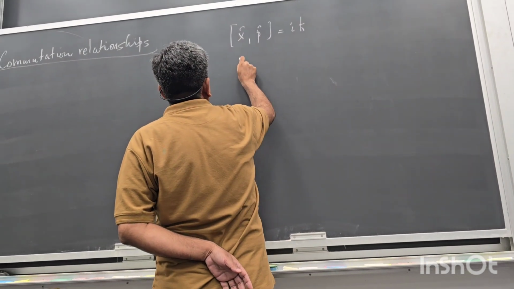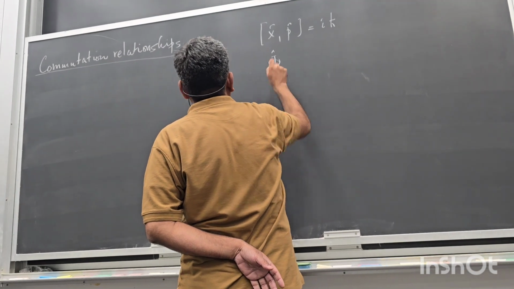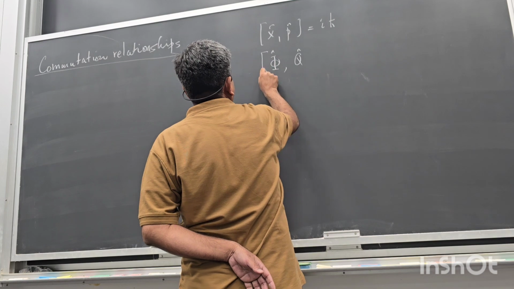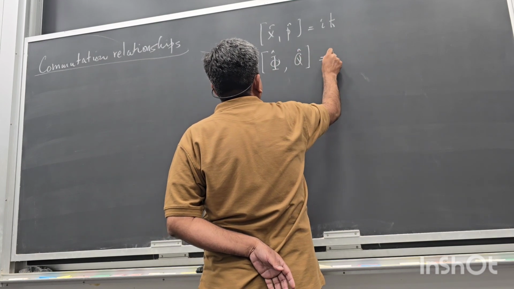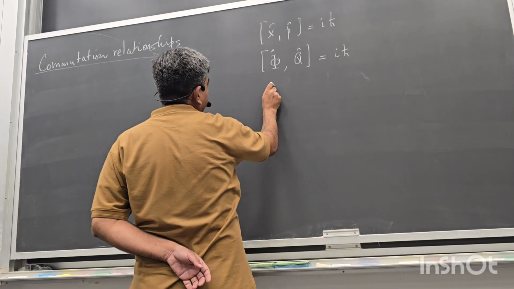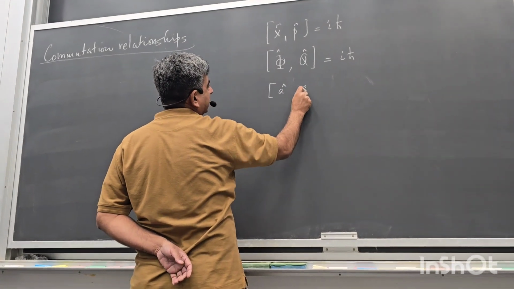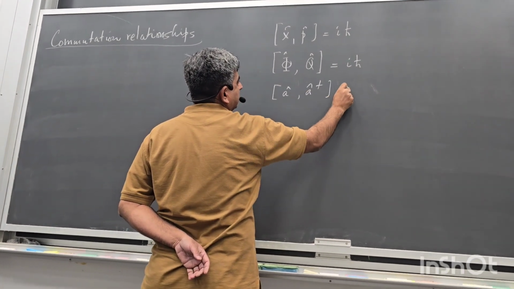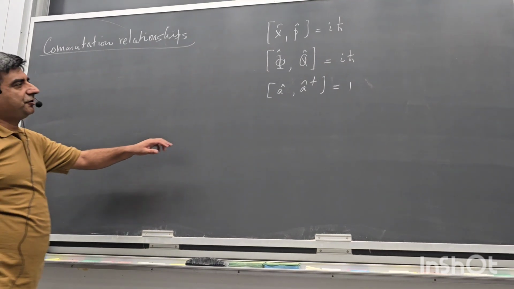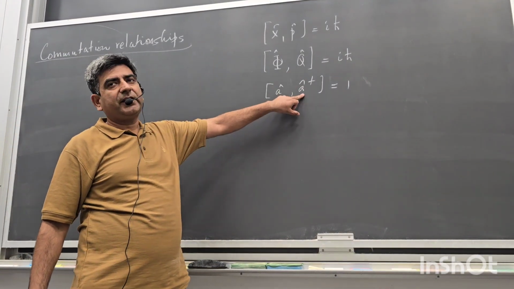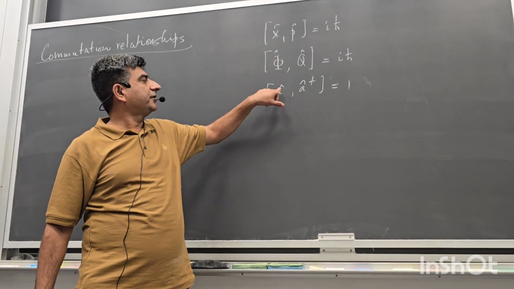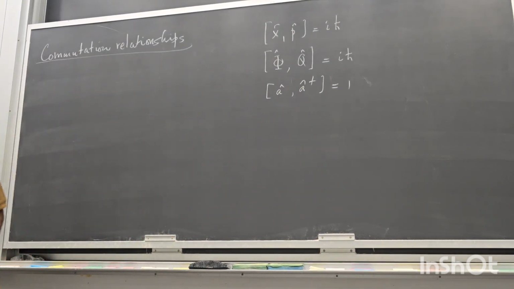So my phi, which is the equivalent of position, and my q, which is the equivalent of momentum, should give me a similar relationship. And I do also know that the ladder operators satisfy this commutation relationship. So I express my phi as the sum of A and A dagger, and q as the difference between A and A dagger.